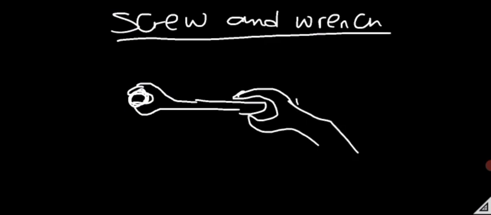We need to know something that is very important. First of all, we know how the screw looks like. This is the screw, right? This is how a screw will look like. My drawing may not be perfect, but keep on doing it small. This little knot.